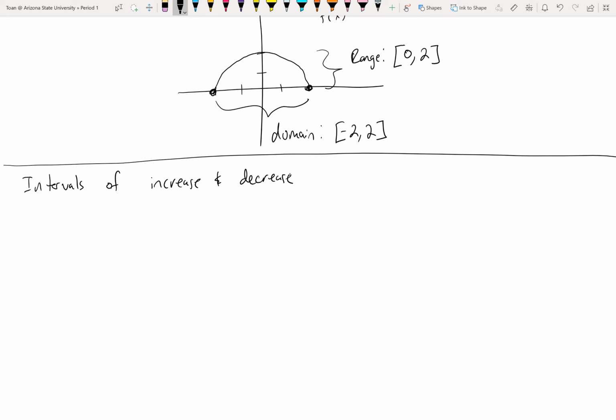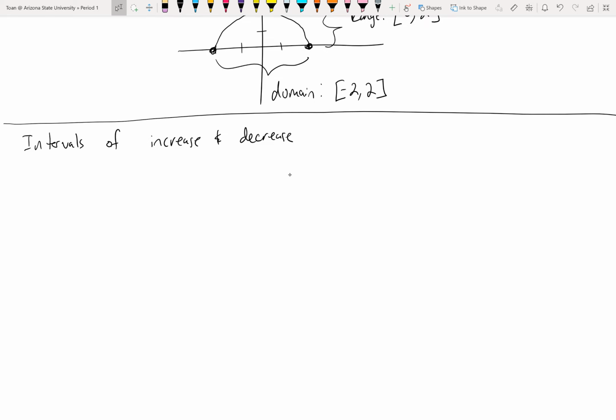The important idea when you're analyzing intervals of increase and decrease is that we read from left to right.